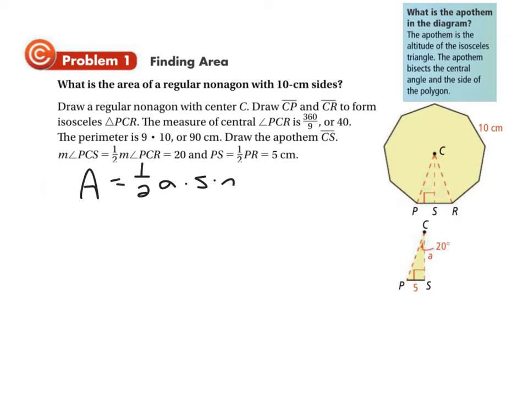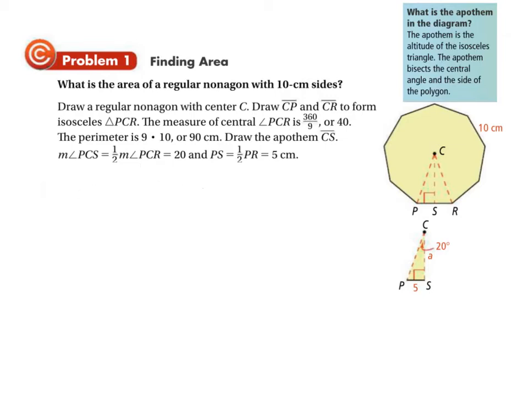So if you find the side length times the apothem times 1/2, you'd find the area of one of these triangles. Multiplying it by the number of triangles, the number of sides, 9, will give you the whole area. So that's a formula that you want to use. Okay, thanks for your patience.